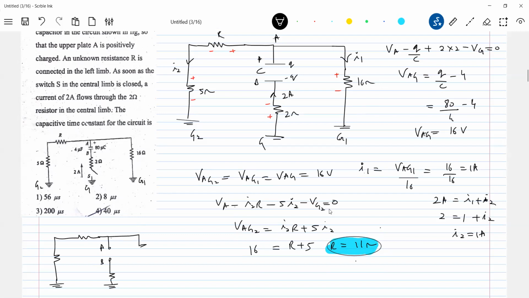This is asked in a slightly different way, because usually we come across the cell compulsorily; here the cell is not brought in. So what is the effective resistance as seen by it? R and 5 are in series, that is in parallel with 16 ohm, and that effective is in series with 2 ohm. Agreed?